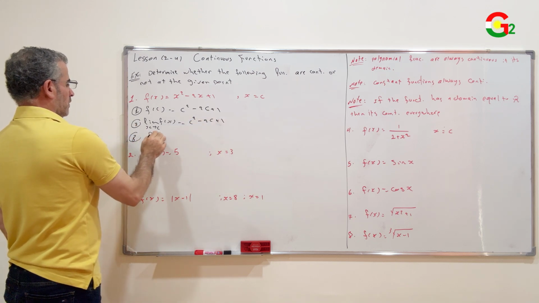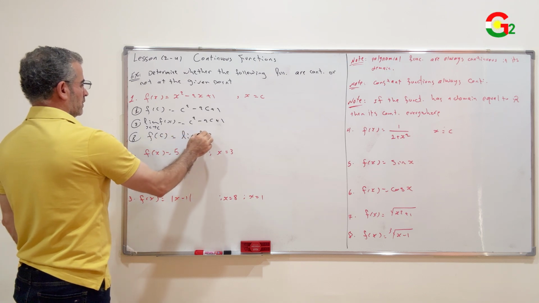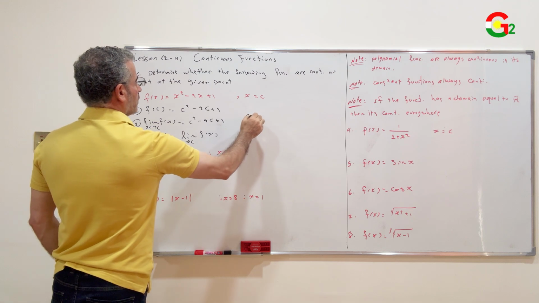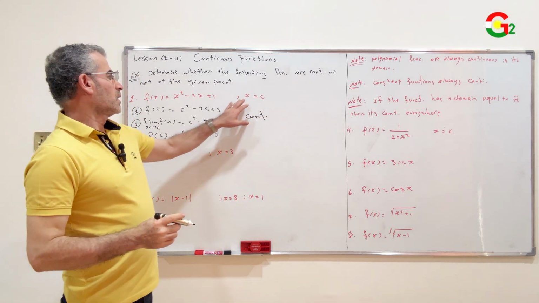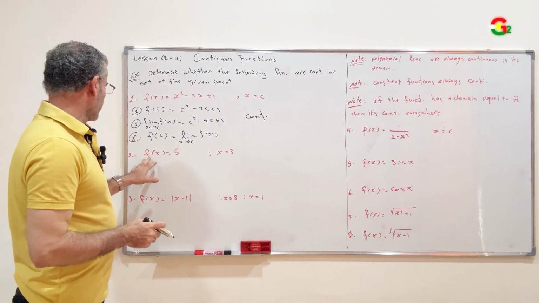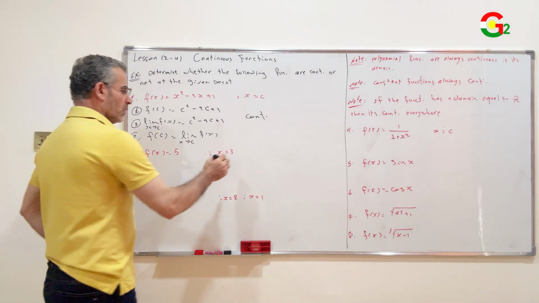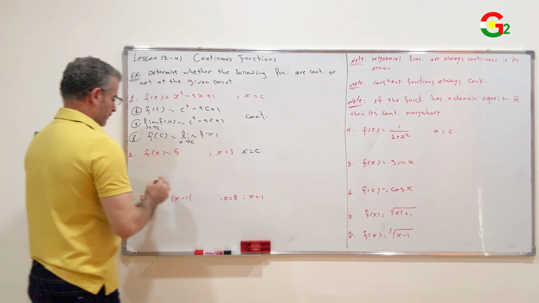Since the value of the function equals the limit of the function when x approaches c, the function is continuous when x equals any real number. F of x equals 5 when x equals 3, or we can write x equals c also.